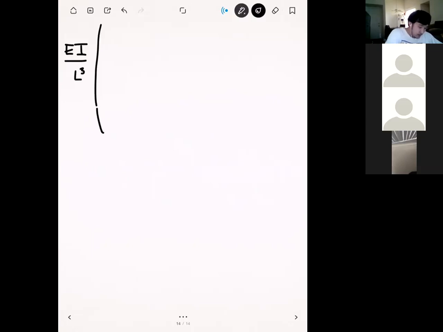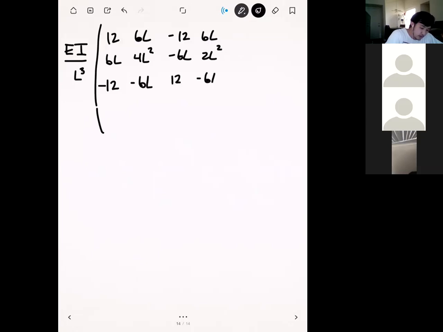And so we have 12, 6L, minus 12, and 6L; 6L, 4L squared, minus 6L, 2L squared; minus 12, minus 6L, 12, minus 6L; 6L, 2L squared, minus 6L, and 4L squared.